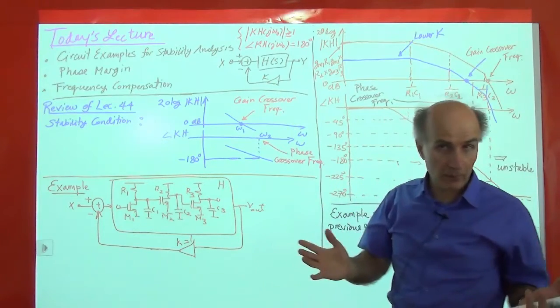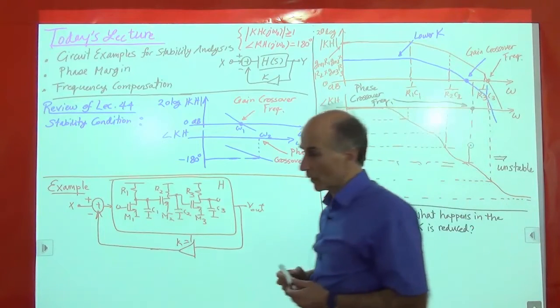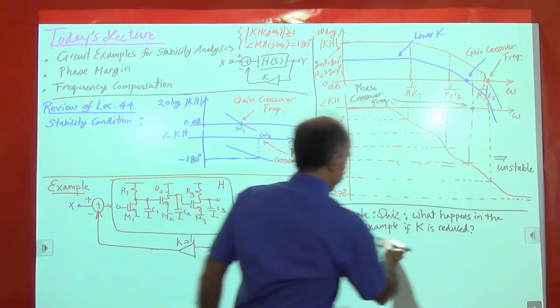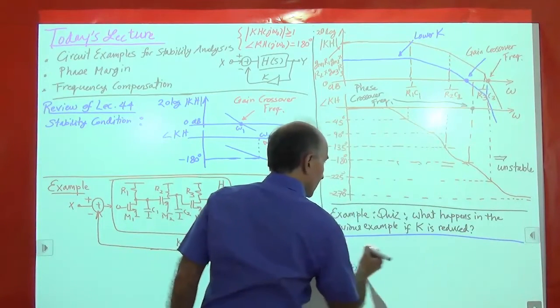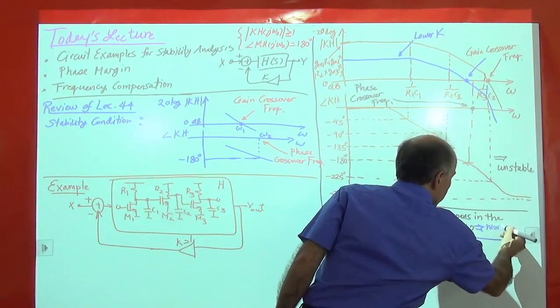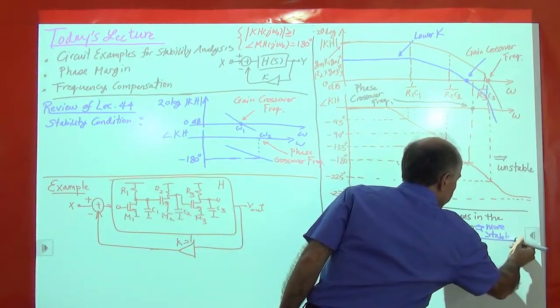So that's one approach. It may not be very good, but that's one approach. Okay, second example, let's write it here. So we say more stable, right? The system is more stable.